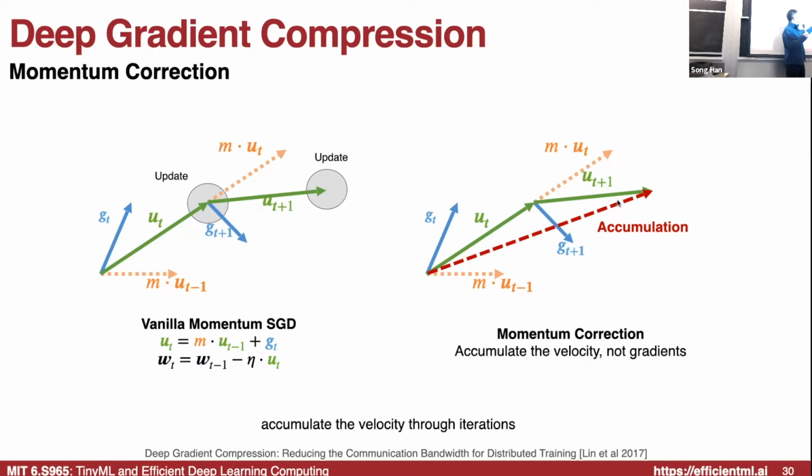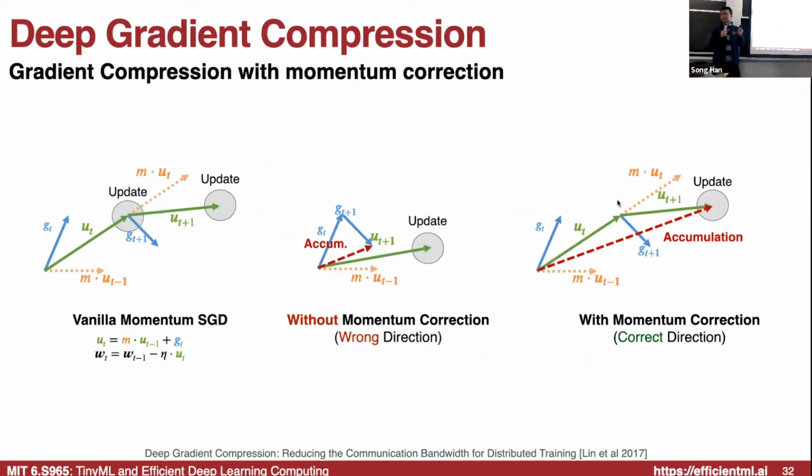So if we accumulate the velocity, the final result is actually the same. This is a comparison between vanilla momentum SGD versus gradient pruning without momentum correction, which is going to get a wrong direction, versus if we add this momentum correction. So the direction will be the same as before.